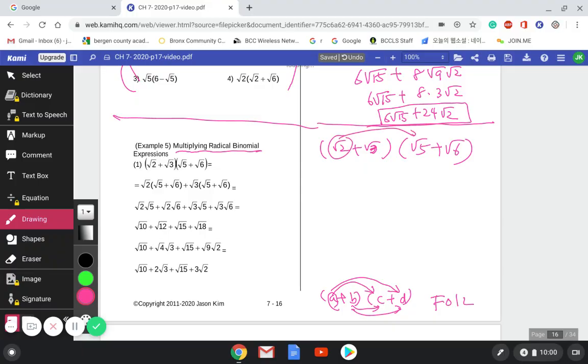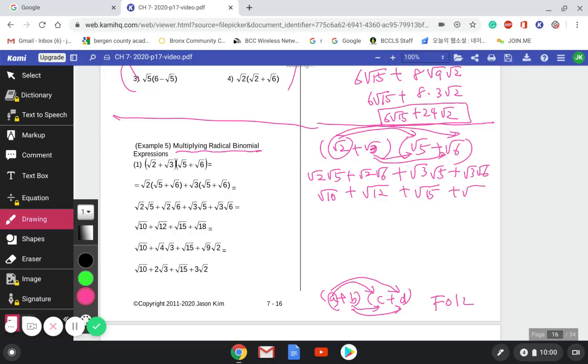So radical 2 times radical 5 plus radical 2 times radical 6 plus, now it's the second term, radical 3 times radical 5 plus radical 3 times radical 6. And it ends up with the square root of 10, square root of 12, square root of 15, square root of 18. But as you know, 10 and 15 do not have any perfect square number as a factor, but 12 and 18 do.